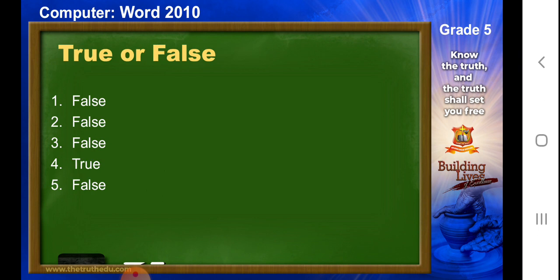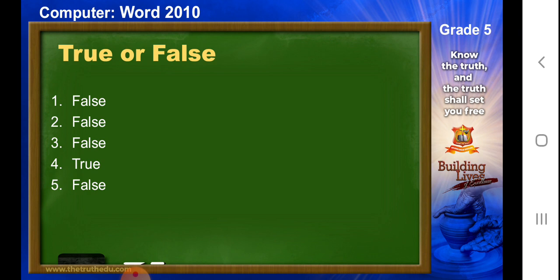By default, a Microsoft Word 2010 document has 2 columns. The answer is false. By default, Microsoft Word 2010 has got only 1 column. To print a document along the length of the paper, portrait orientation is used. The answer is false. Portrait orientation is not used to print a document along the length of the paper.